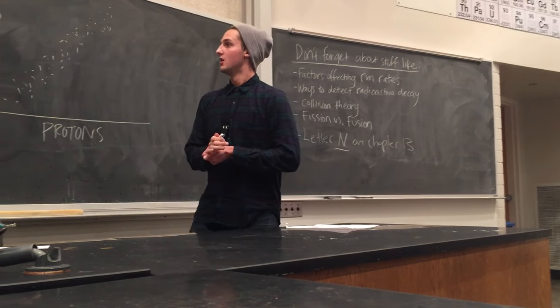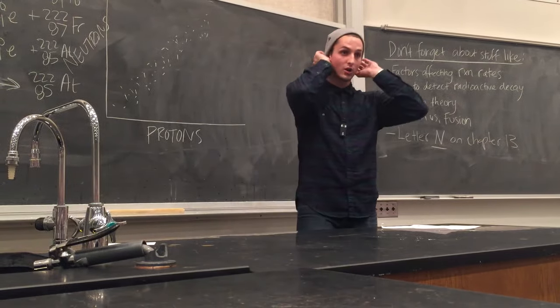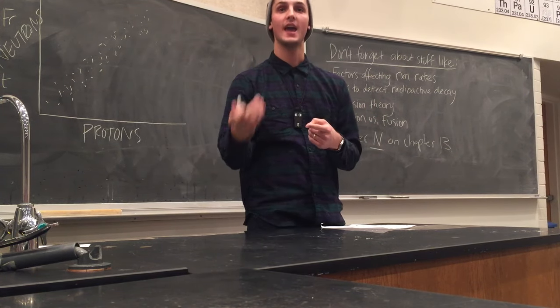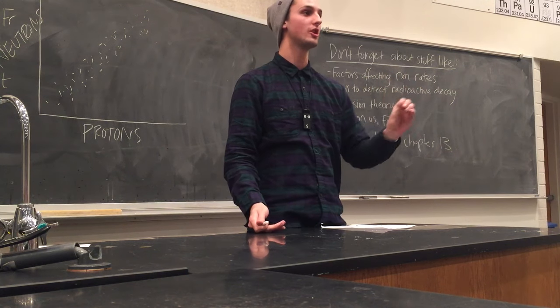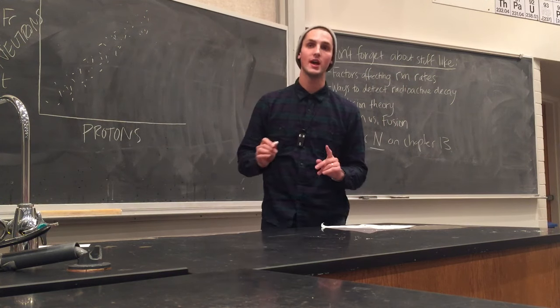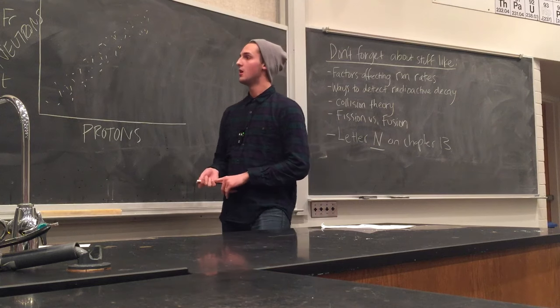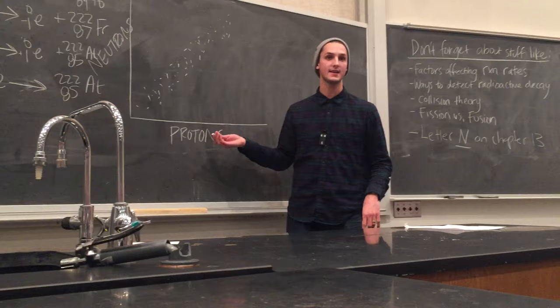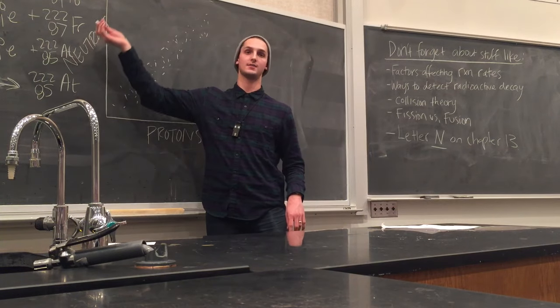Okay. So now we're going to look into how we can predict what type of decay a certain isotope or nuclide will do. We do that using the belt of stability. The belt of stability is a graph with protons as your x-axis and neutrons as your y-axis.